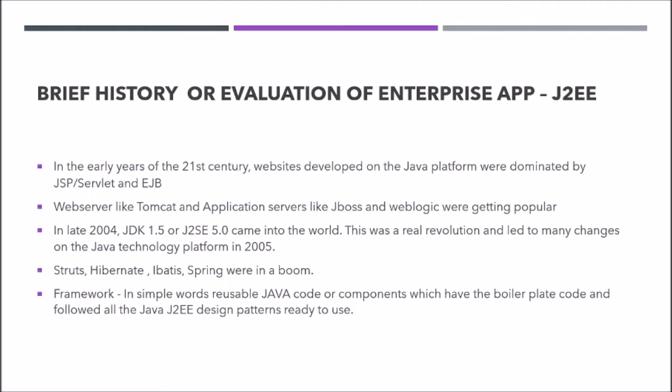Within a single app you can have all the dependencies to run an enterprise application, using a single app dependency. All the infrastructure related to the application server is managed by the dependencies of the Spring framework itself. So that's the level of improvement that has happened up until these years.